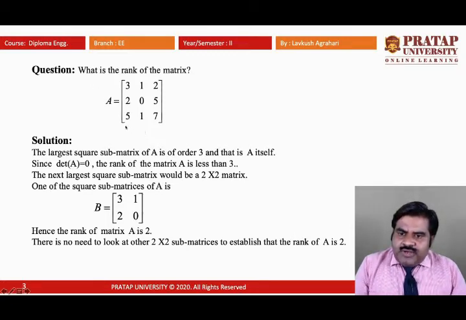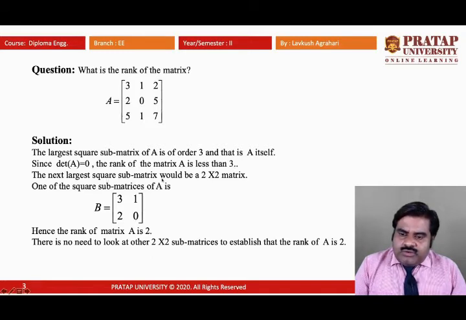We have to find the rank of this matrix. If we calculate the determinant of the largest square matrix, 3 cross 3, we find that the determinant is 0. So the rank of this matrix cannot be 3, it may be less than 3.